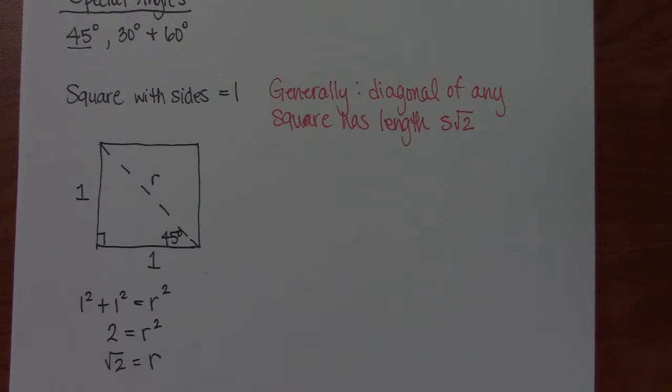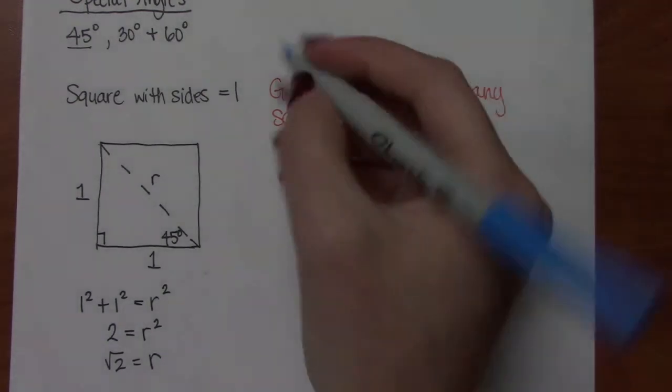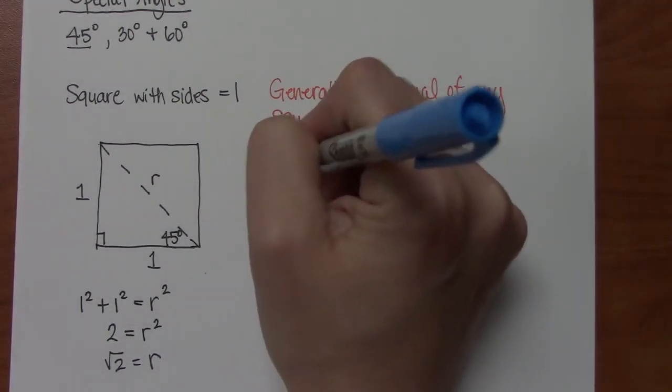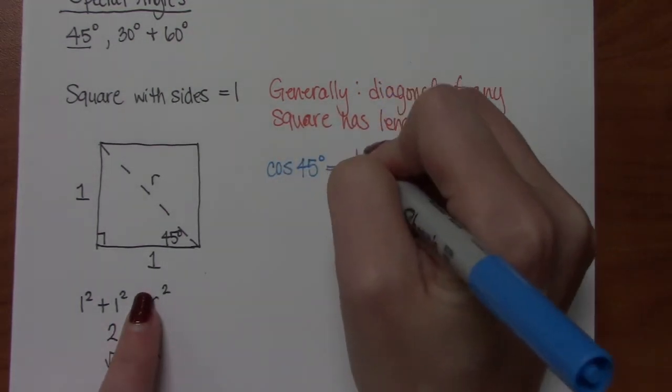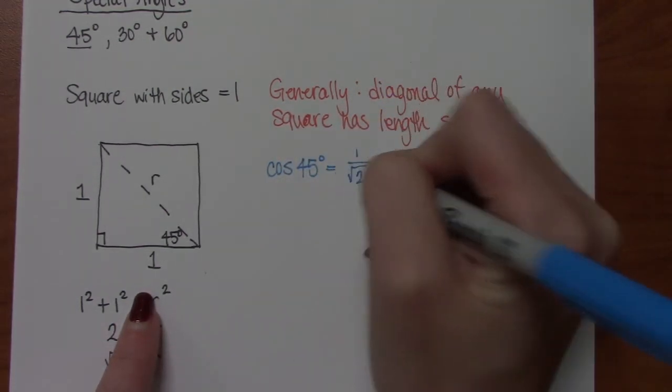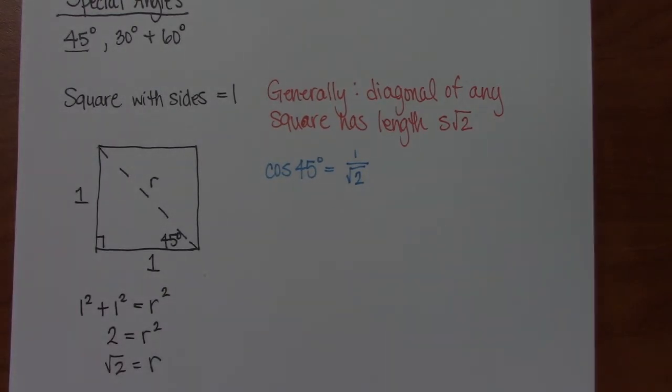So let's use this now to figure out what sine and cosine are going to be of our angles. Let's do cosine first. Cosine of 45 degrees is going to be adjacent over hypotenuse, and the hypotenuse was square root of 2.